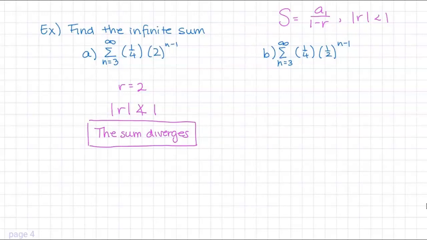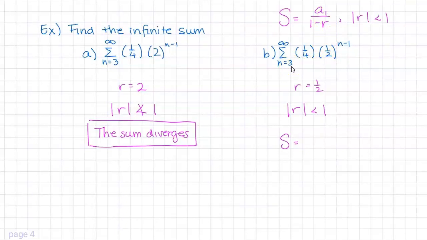Okay, let's look at the second example then. The second example, r is the base, and our base is 1/2. So this time the absolute value of r is less than 1. We're good to go. We use the formula. I have it up here. So we need the first term, and this time the first term is plugging in a 3.